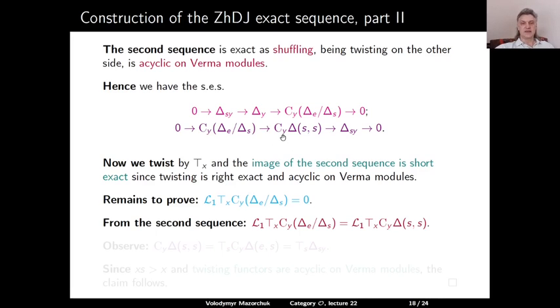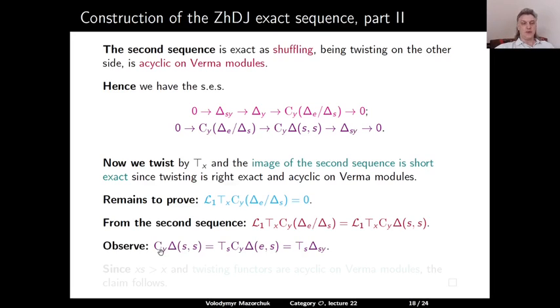So from the second exact sequence and the claim that all homology of twisting vanishes when evaluated at delta Sy, we get that the first homology of T_x evaluated at C_y of delta E modulo delta S is isomorphic to the first homology of T_x evaluated at C_y of delta Ss. So these are the 2 modules, and here the first homologies will be isomorphic because they are surrounded by homologies of T evaluated at delta.